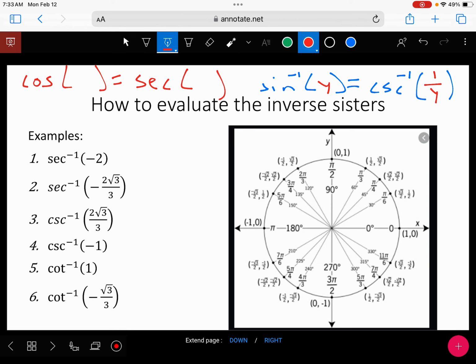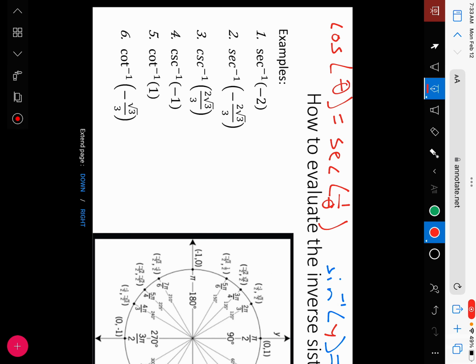What's inside of our normals are the thetas, or our angles. It's kind of weird, I was thinking about the solving aspect of it. But in general, if you take the reciprocal of whatever's inside of a sister, if you just flip the inside of the function, you get your sister function, and it works both ways.